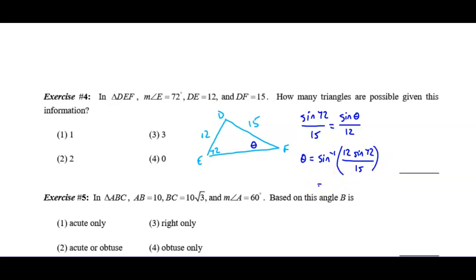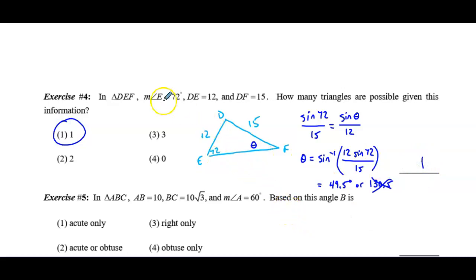And if I solve that, I get 49.5 or 130.5. This is very similar to the one on the previous page. That 130.5 is too many degrees for 72, so I discard that. I get the one answer, which means there was exactly one triangle.